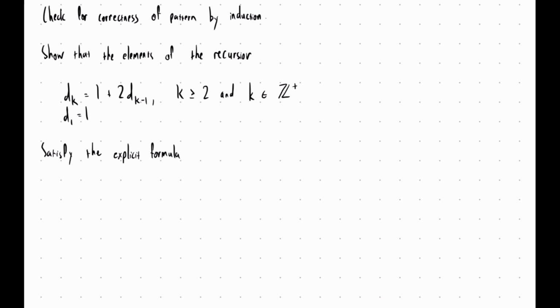The 2 raised to the k minus 1. In the conclusion that I made when I was doing the analysis, realizing there was no k, but k minus 1 was crucial. I could have called it k right there, and of course my induction would have told me that I made a mistake. So induction comes to the rescue to tell you you made a mistake in your pattern, or it will tell you you are correct.